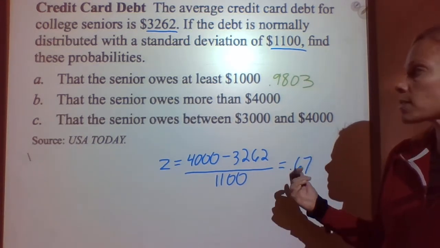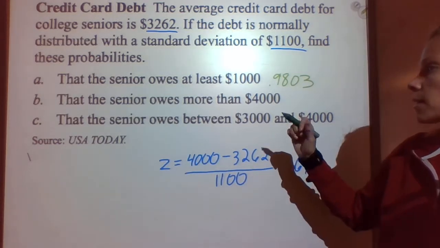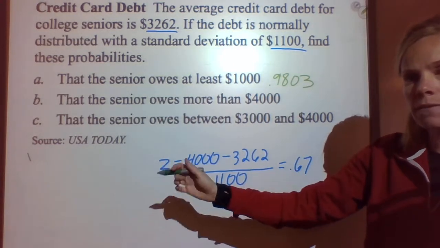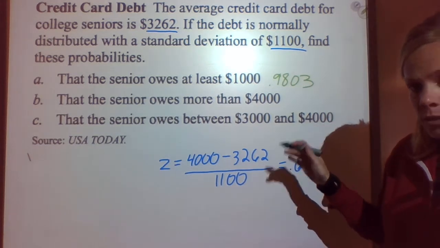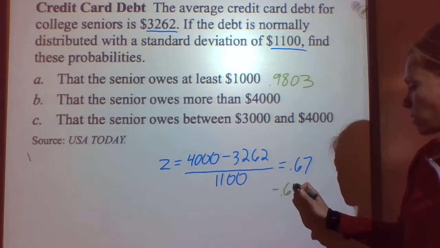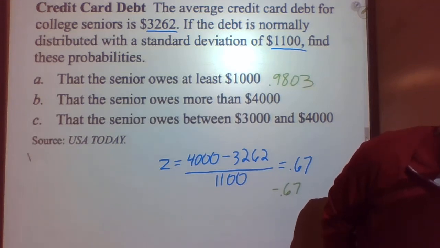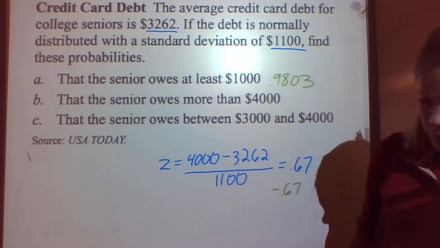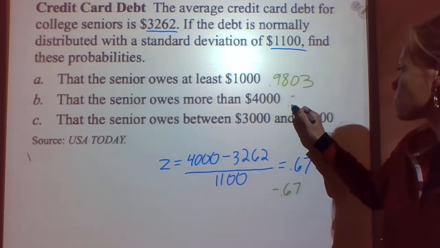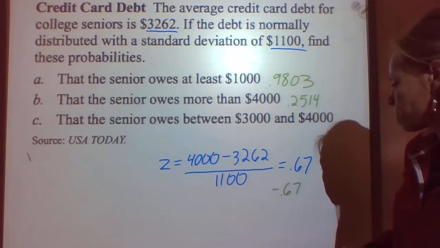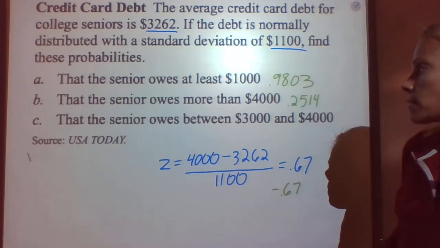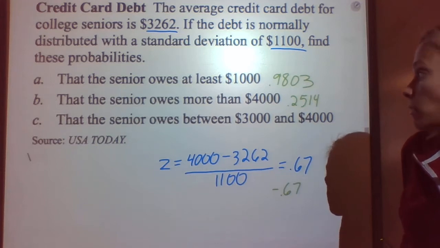No, that would be if it was less than 4,000. It doesn't say less than 4,000, area to the left. It says more than 4,000, area to the right. So I'm actually going to look up negative 0.67. 0.2514. So 25% of seniors owe more than $4,000.